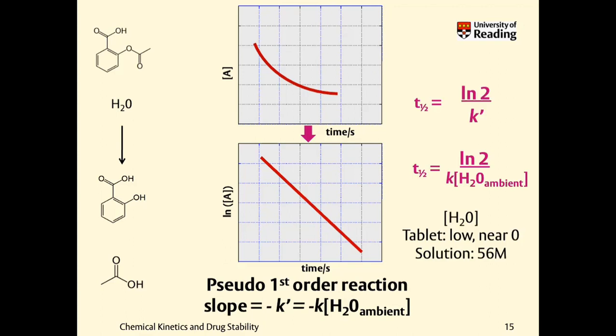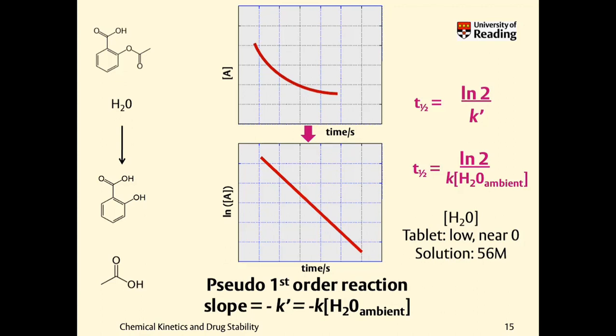And this means we can work out the half-life of aspirin in air, or the half-life of aspirin in water, by using the fact that the half-life equals the log of 2 over the rate constant. And in our pseudo first order reaction here, the rate constant is the pseudo rate constant that we have measured here.